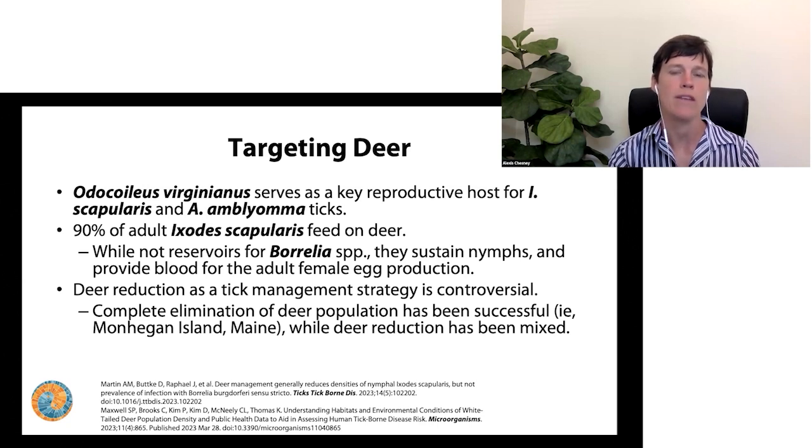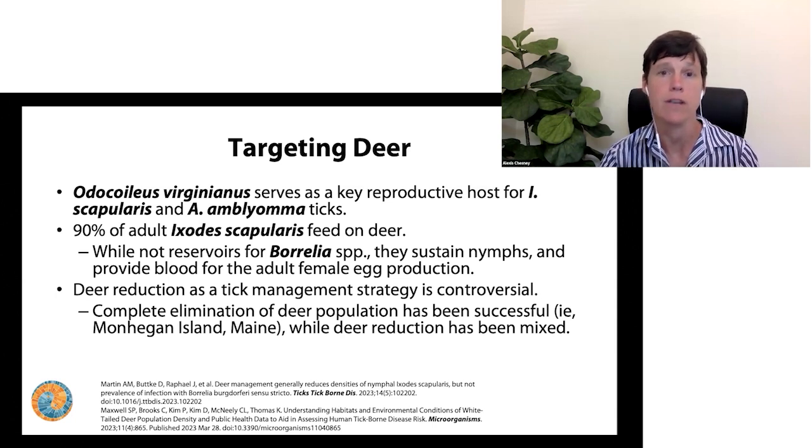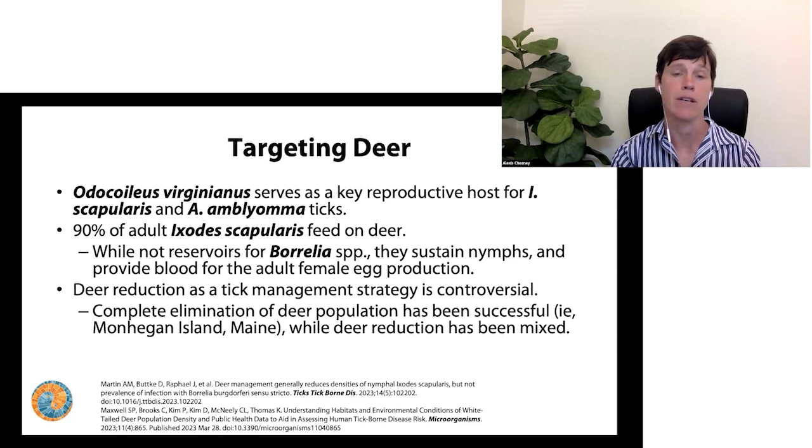Even though they don't carry it, what happens is they will sustain the nymphs and provide a blood meal for the adult females who need the blood meal to then lay those eggs. So 90% of adult Ixodes scapularis, which is our black-legged deer tick, feed on deer. That's a lot, right? So they're an integral part of the tick life cycle, is basically the issue there.